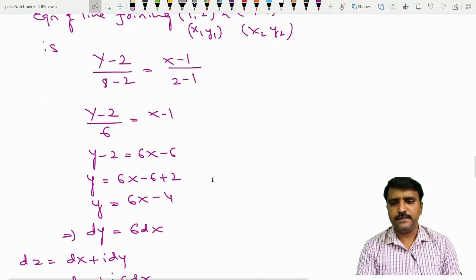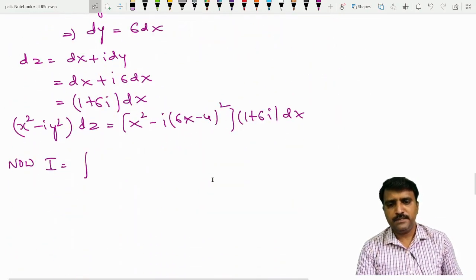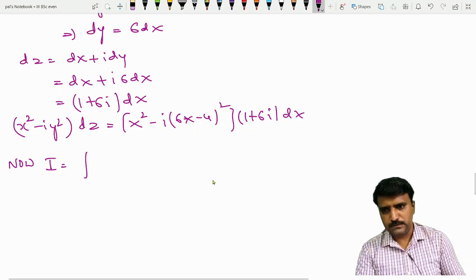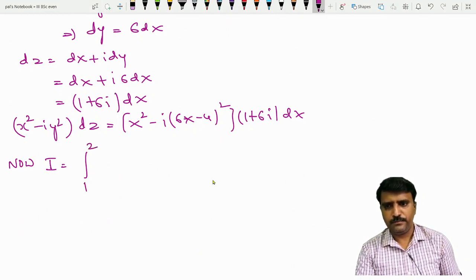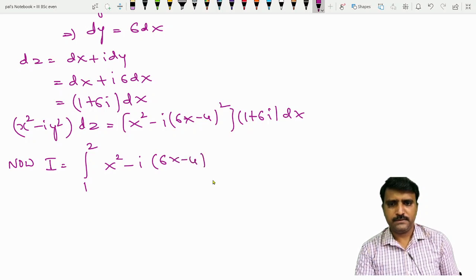Since we have converted everything to x, we have to take the limits 1 to 2. So take the limits 1 to 2 and substitute here: x square minus i into 6x minus 4 whole square into 1 plus 6i into dx.